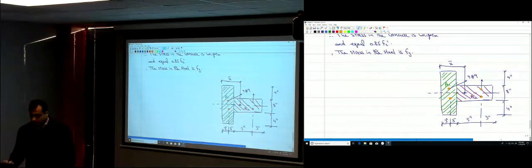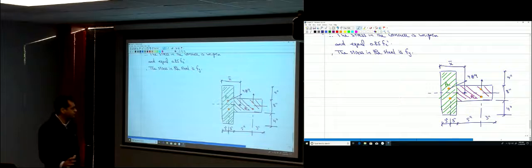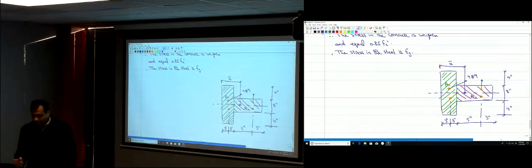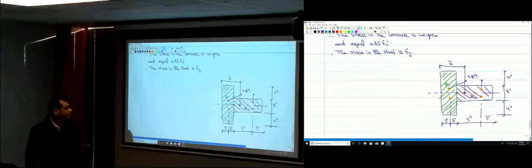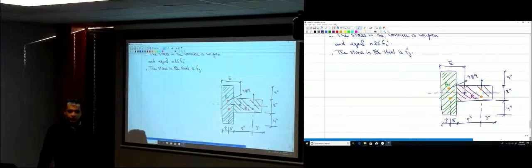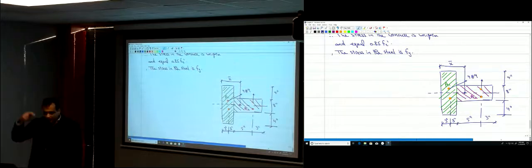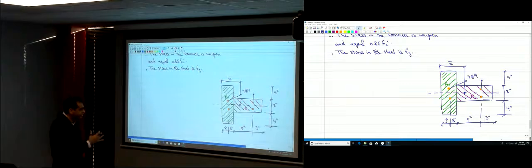Okay? So each of those parts has a force, right? So let's find those forces. First, are those forces tensile forces or compression forces? Compression, right? It's an axial compression force, okay? We're not dealing with tension forces. Concrete is not good in resisting a tensile force. If it's a tensile force for a column like this, then use steel.